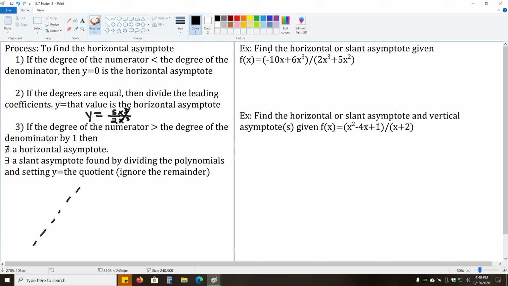So, for this first one, we want to find the horizontal or slant asymptote given f of x equals negative 10x plus 6x cubed divided by 2x cubed plus 5x squared. So we look at the degree of the numerator and denominator. Notice they are both 3. The largest exponent is 3.